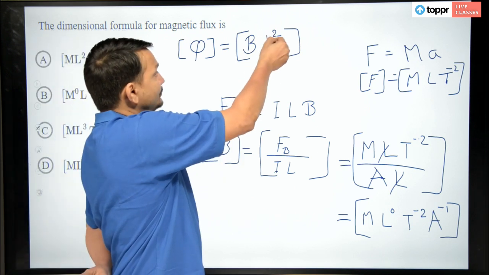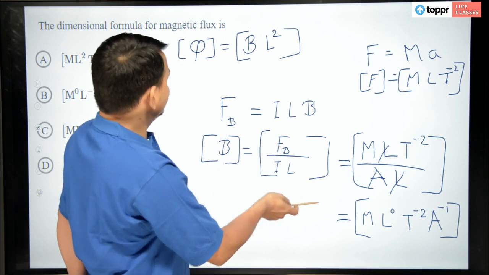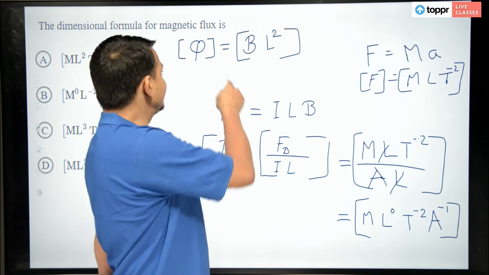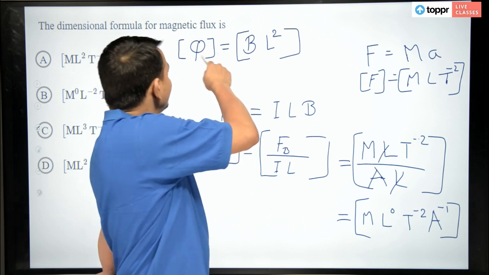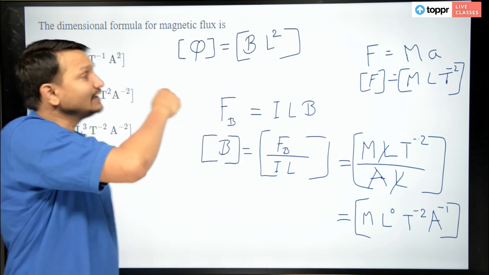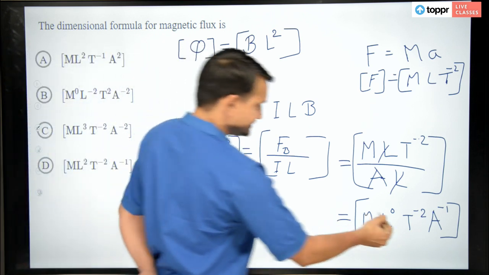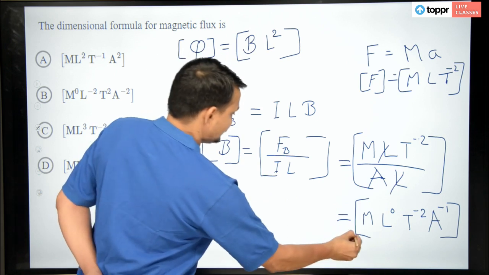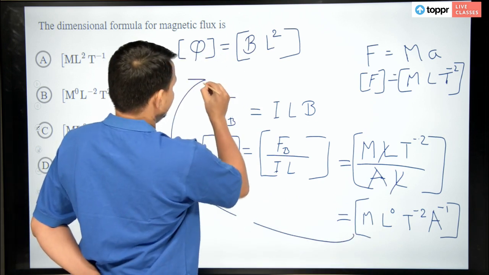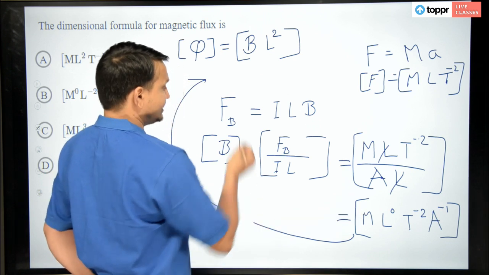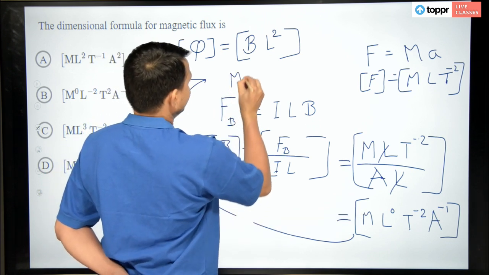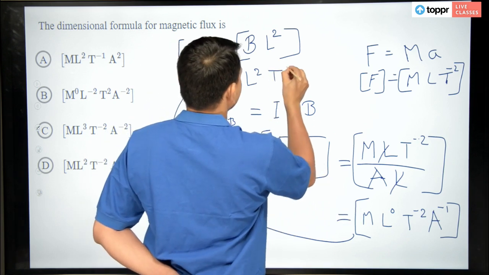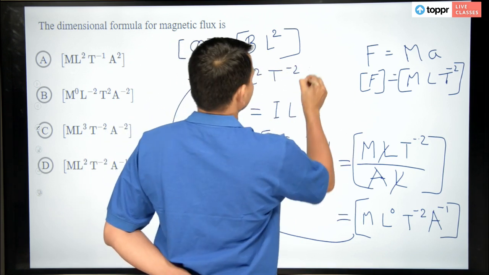I forgot to put L here because we were considering magnetic field, but finally we have to find the dimensional formula for magnetic flux. So we'll simply multiply L square here, and our answer would be M L square T inverse square A inverse.